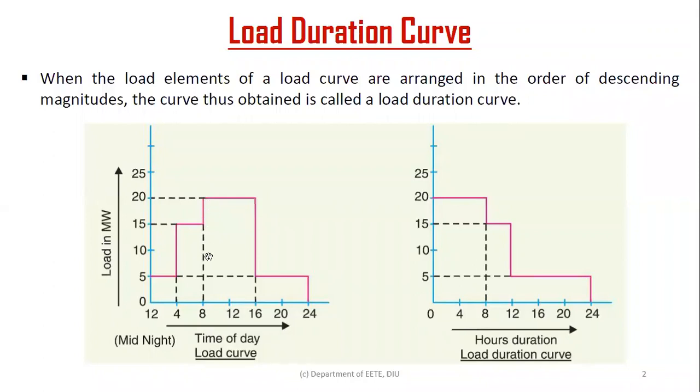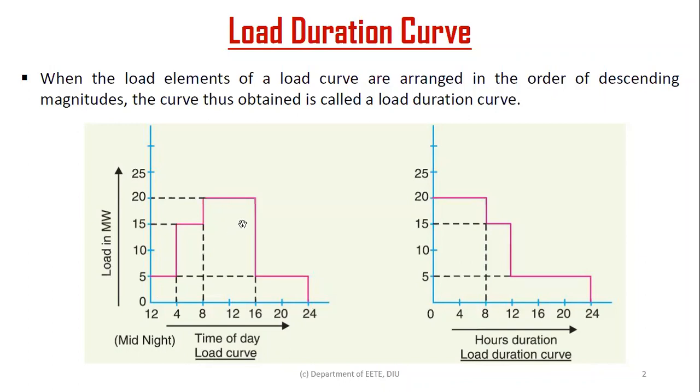You see that this highest peak started from 8 to 16. 8 is the morning 8, and 16, when we convert into local time, we minus 12 and get 4, or 4 p.m. So from 8 to 16, it will be a total of 8 hours of this 20 megawatt demand.